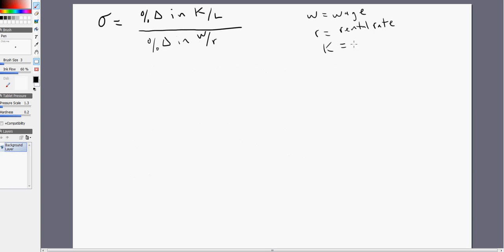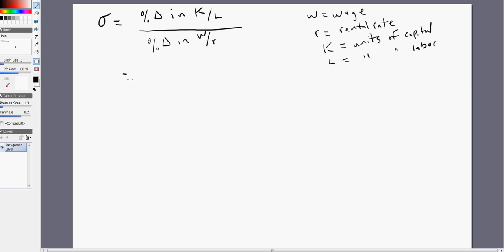K is just units of capital, and L equals units of labor. So the elasticity of substitution measures a percentage change in the capital labor ratio from a percentage change in the wage to rental rate ratio.